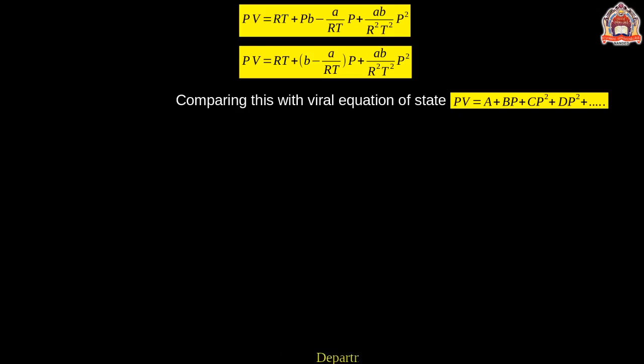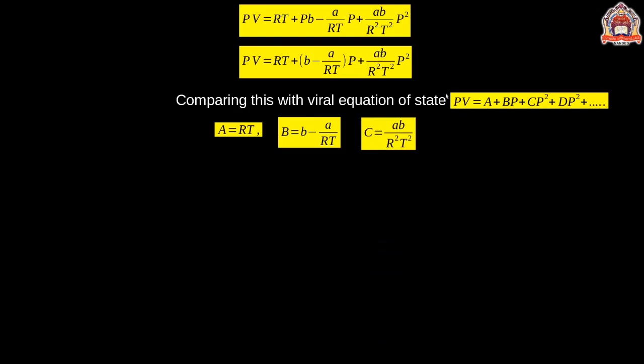We get the value of A, value of B, value of C. So here A is equal to RT, B is equal to B minus A by RT, and C is equal to AB by R square T square. Just by comparing the equations, we are putting the values.